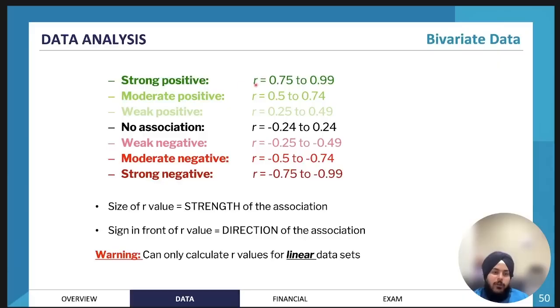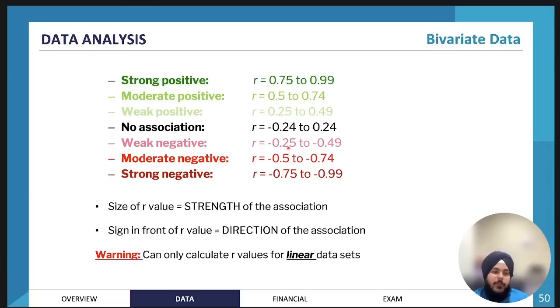Positive because we have positive values, and strong because this is a really high R value. If the R value is between 0.5 and 0.74, it would be a moderate positive relationship. If it's 0.25 to 0.49, it would be a weak positive relationship. And if it's between -0.24 and +0.24, there would be no reportable association between the two variables.